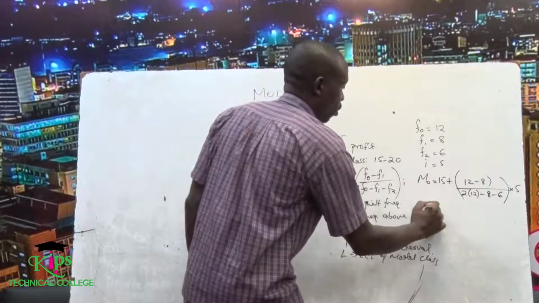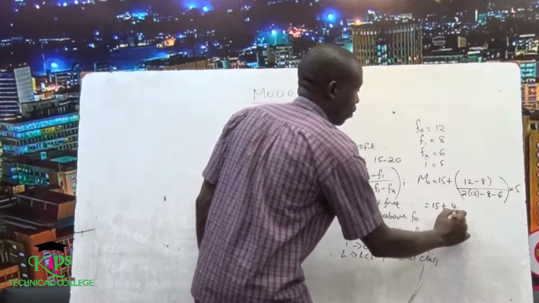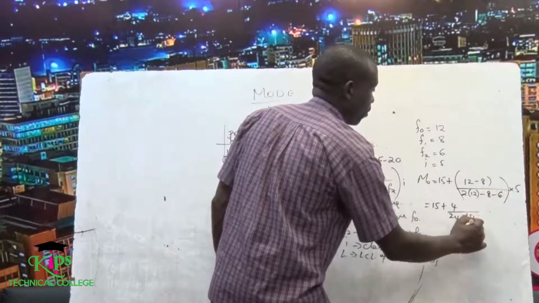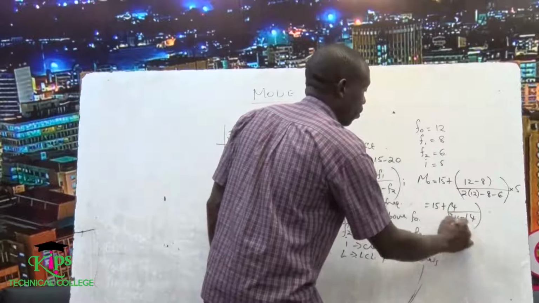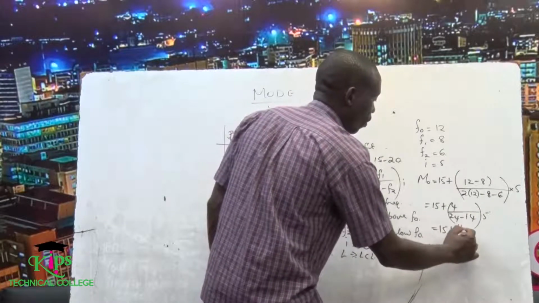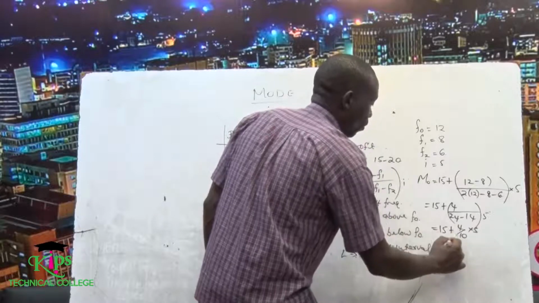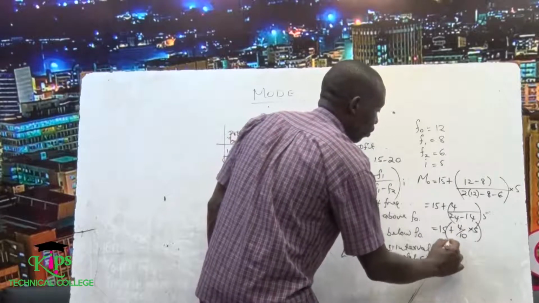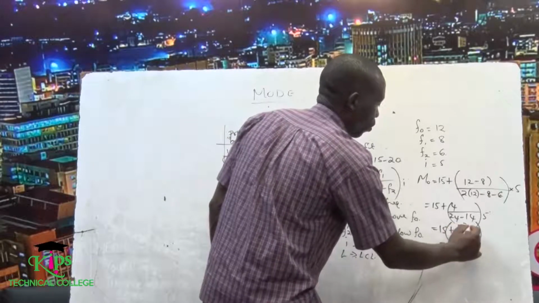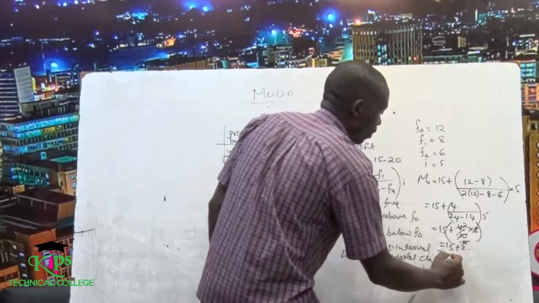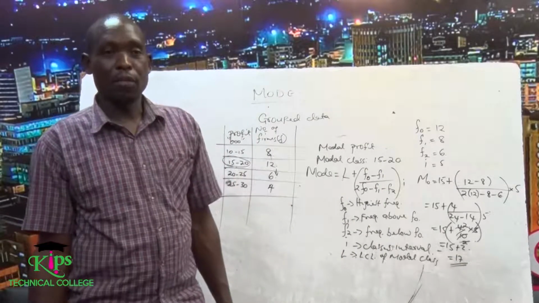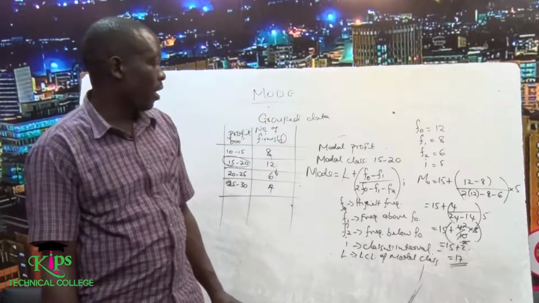Therefore, the mode will be 15 plus 4 over 24 minus 8 minus 6, and then we multiply by 5, which will be equal to 15 plus 4 over 10 times 5. The 10 goes into 5 twice, so this is 15 plus 2, which is 17, and that becomes the mode for that particular distribution.